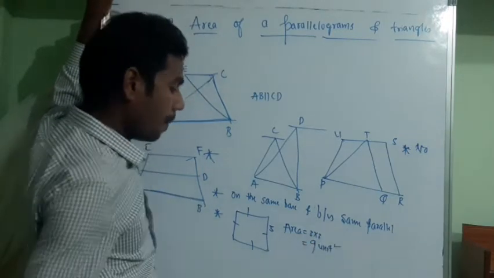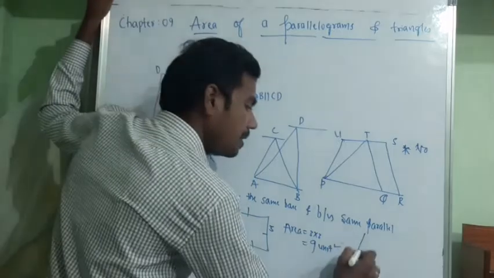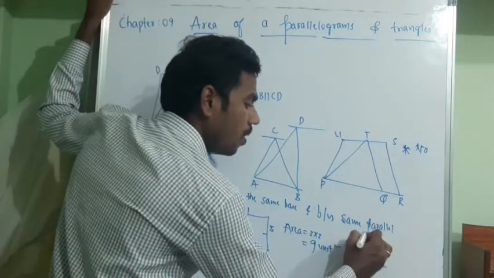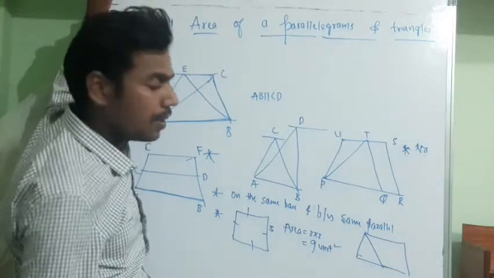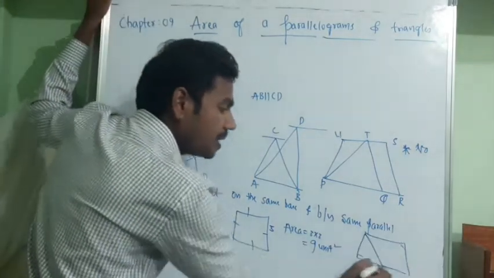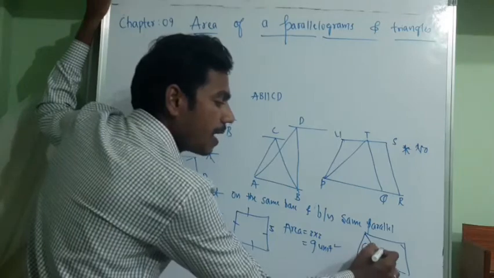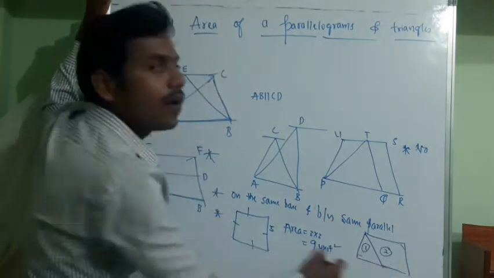But if it is a combination of a triangle and a quadrilateral, how are we going to do it? The area of this figure is equal to the area of the triangle plus the area of the quadrilateral.